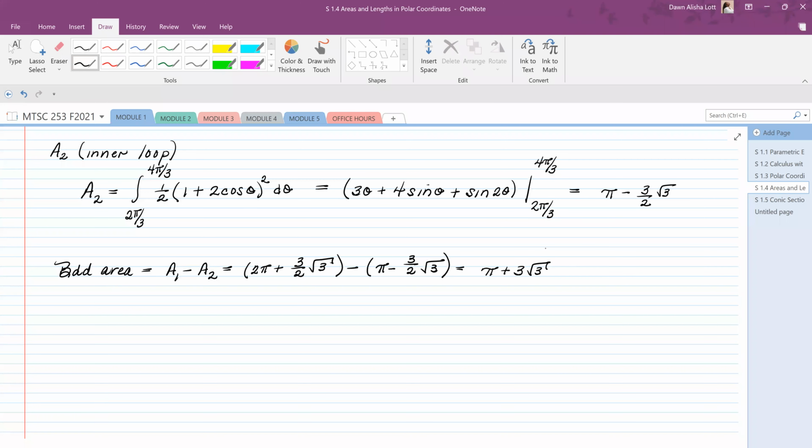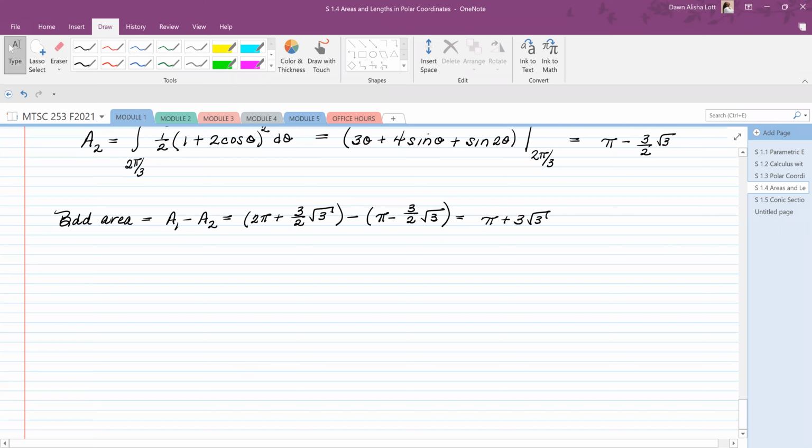Now you can find the region bounded between two different curves. So say you have two different curves, R1 equal to F1 of theta, and R2 equal to F2 of theta.